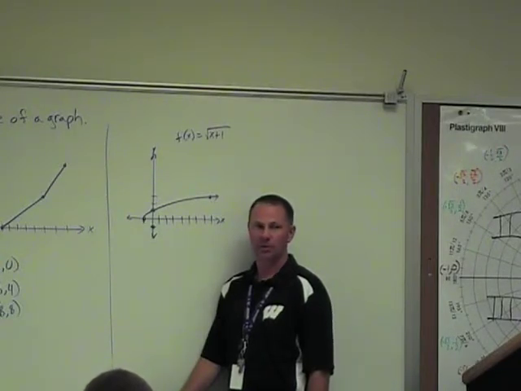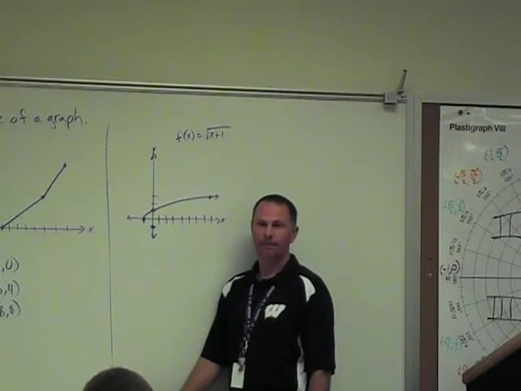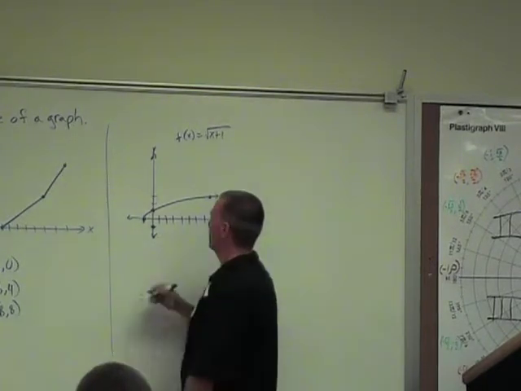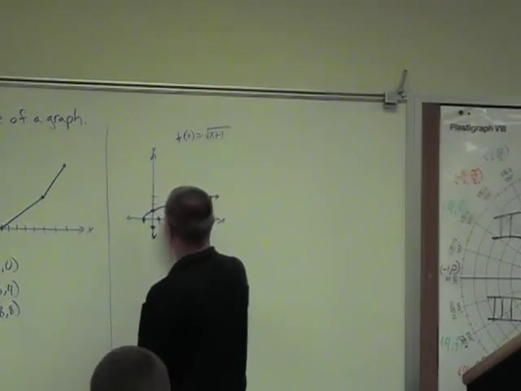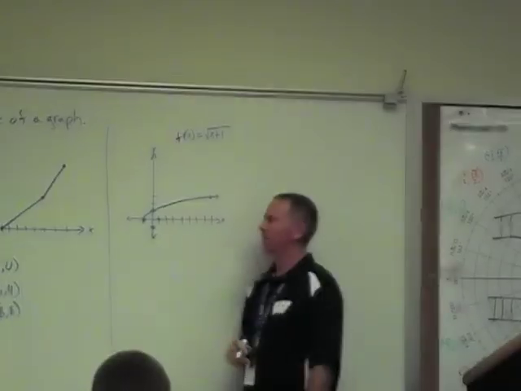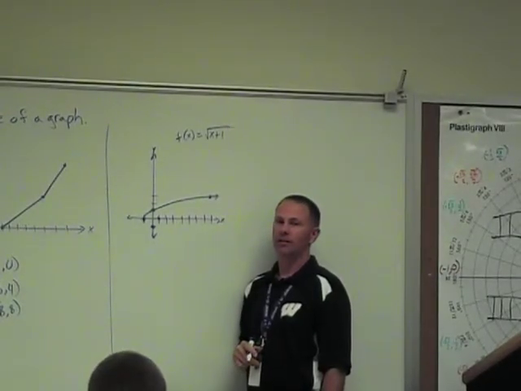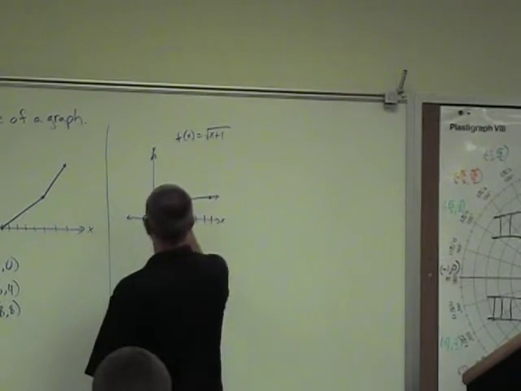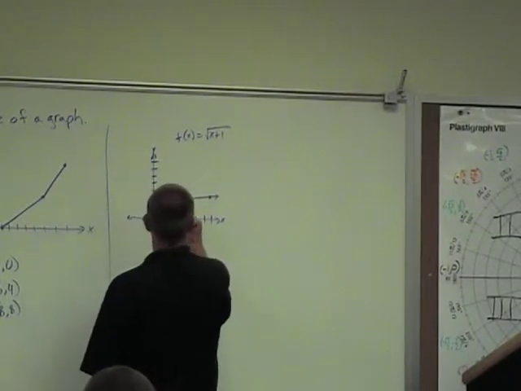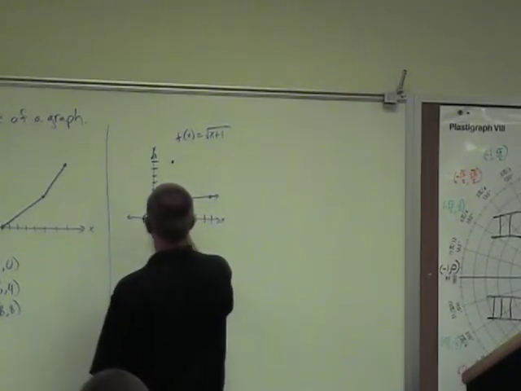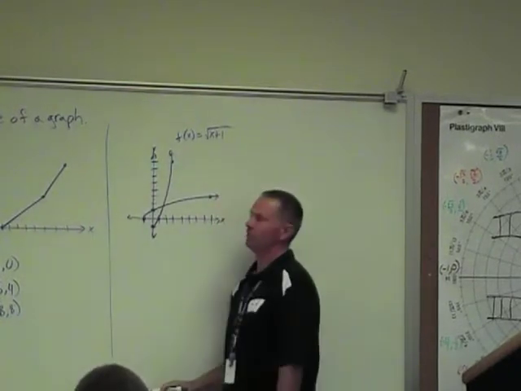The second one should be where? 1, 0. And the last one should be 3, 8. And there's your inverse graph.